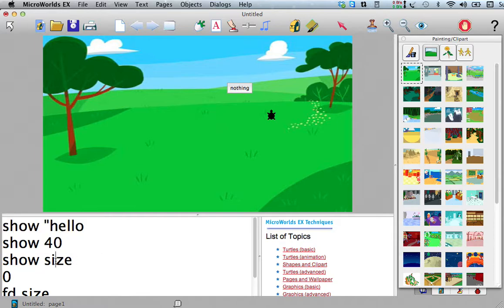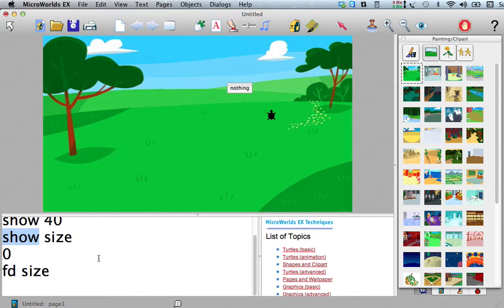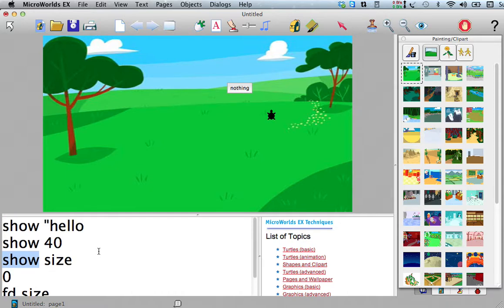So the way to think about it is the output for this reporter is the input to show. This is just a plain old 40, so 40 is the input to show. Here, just the word hello is the input to show. Here, the output of size is the input to show. So that's input. Oh, I guess I talked about output too then, didn't I?